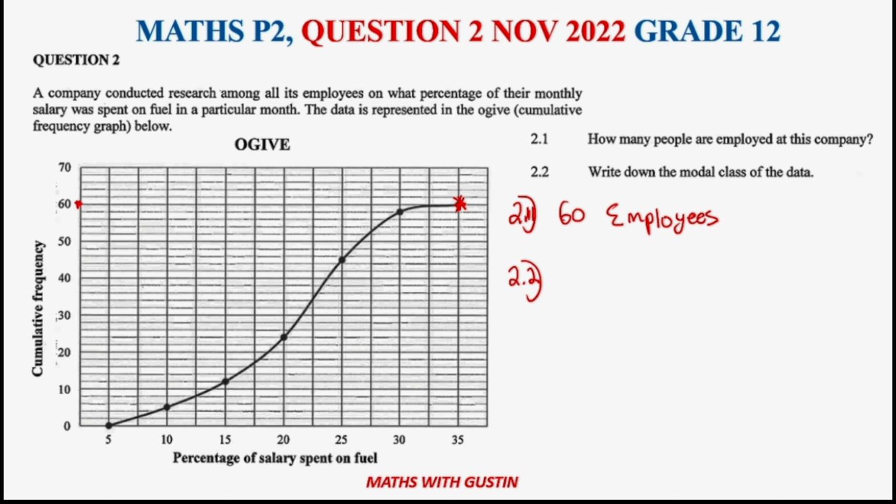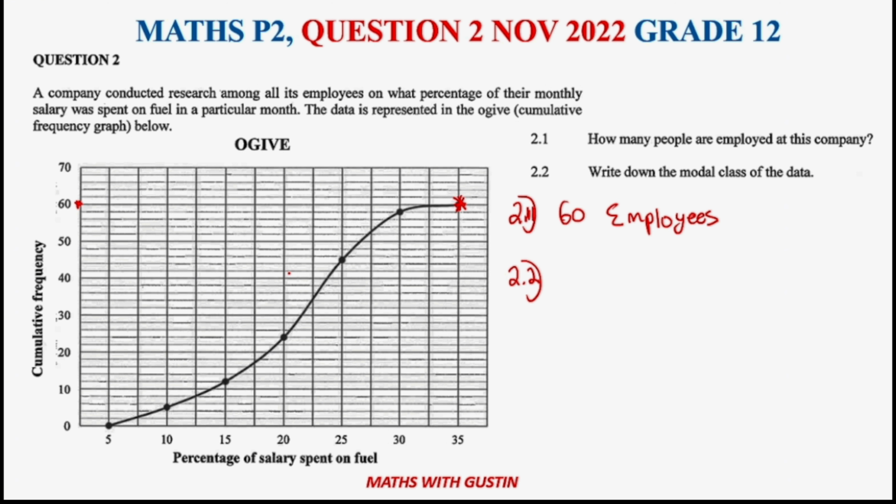Either the frequency can be calculated by the difference in the modal class. You can also try that one, but for now I'm going to show you the one that works perfectly. If your teacher shows you something different, it's fine, no problem, as long as you use what you are comfortable with.